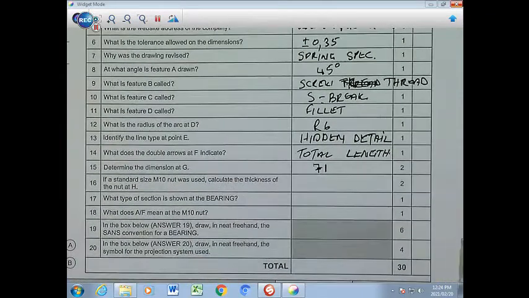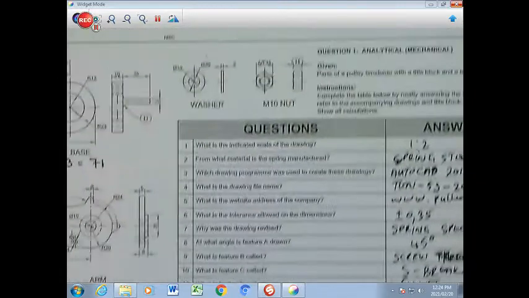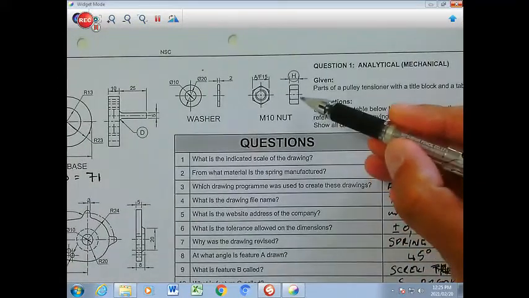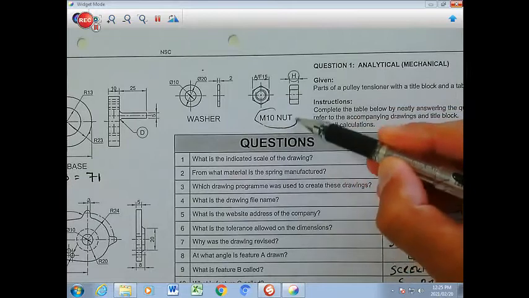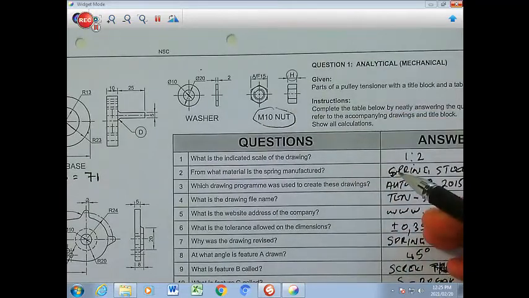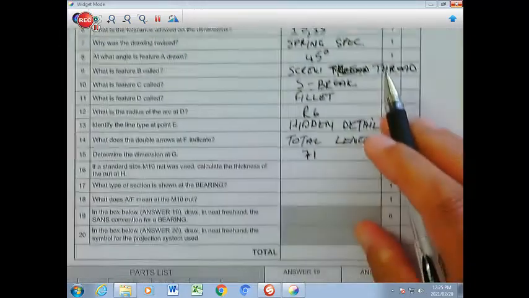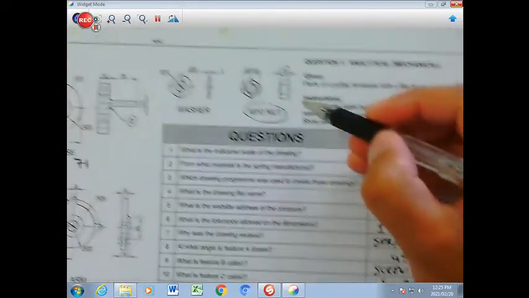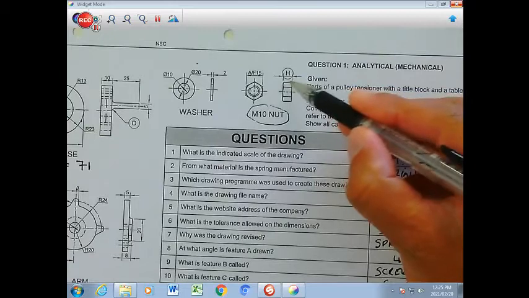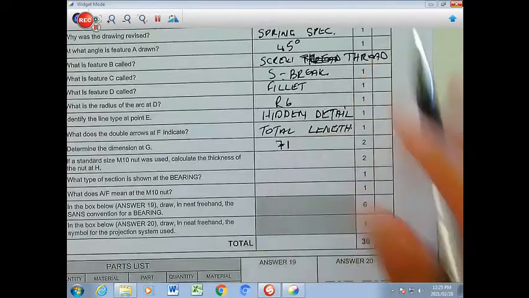If a standard size M10 nut was used, calculate the thickness of the nut at H. So we're going to go down to the nut. So this is an M10 nut, and there's a standard format that you use to determine the height. And this is what it's all about.